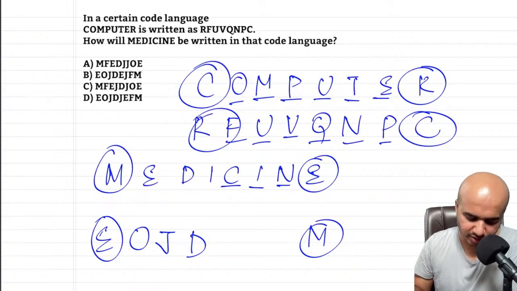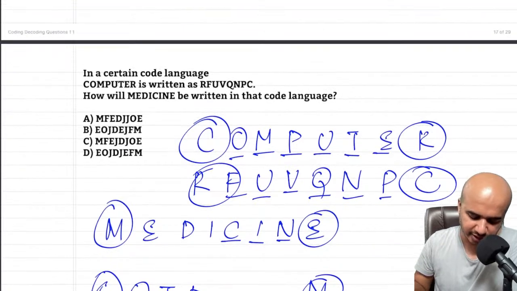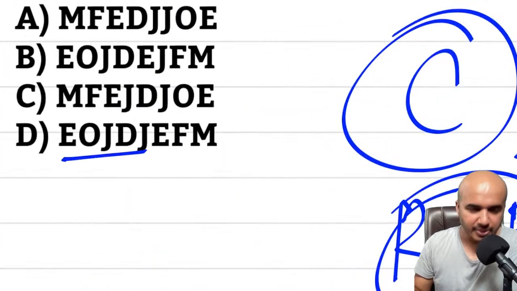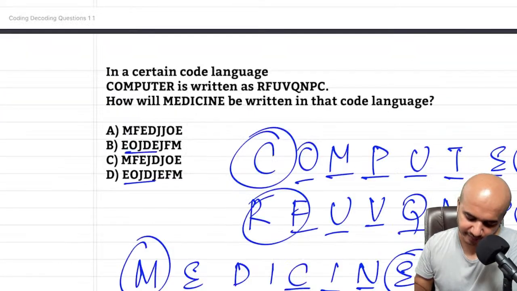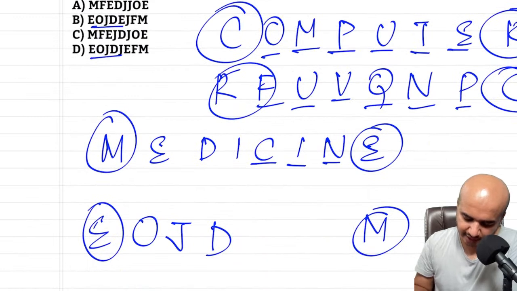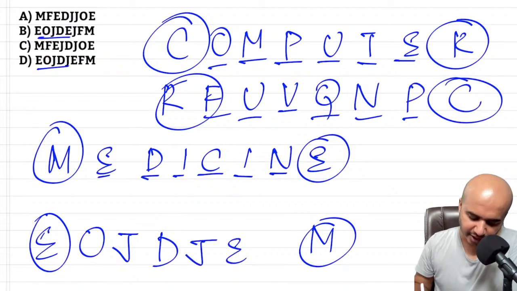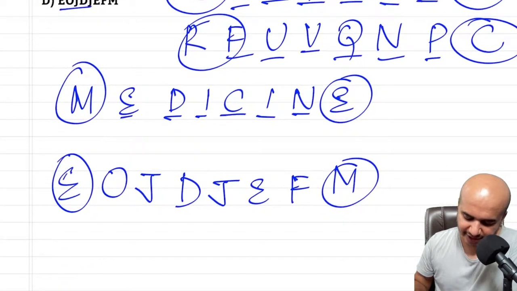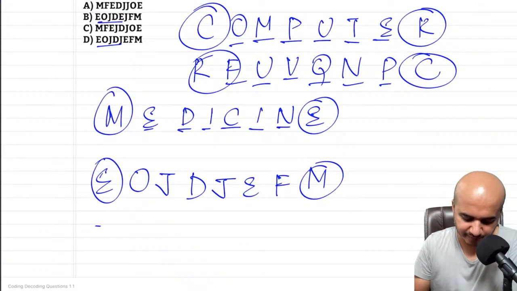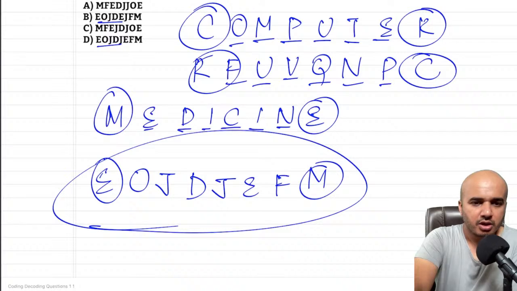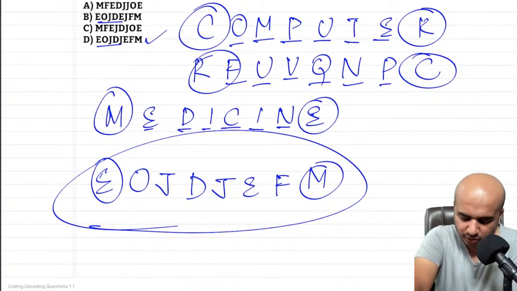I can't do that because we have EOJD in both the places. We'll have to do it for the rest. Then I, J, E, B, C, D, E, F. So this is in fact the right answer. E, O, J, D, J, E, F, M. Option D. So that's about coding and decoding.